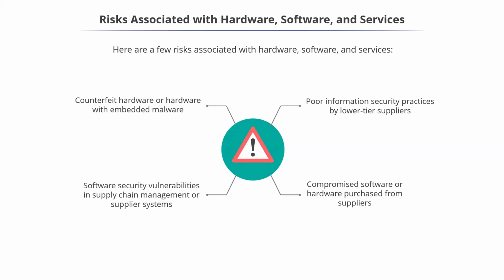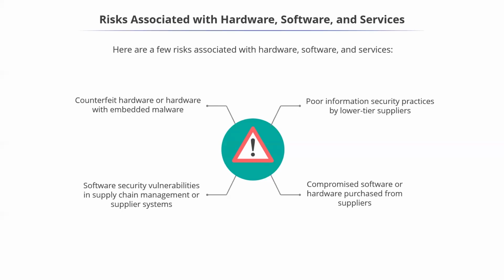Another is software security vulnerability in supply chain management systems, or if you have purchased compromised software or hardware from suppliers. In India, an advisory has been issued to not purchase made-in-China vendors' products. It is advised, especially for government and defense suppliers, not to use them because they are compromised.